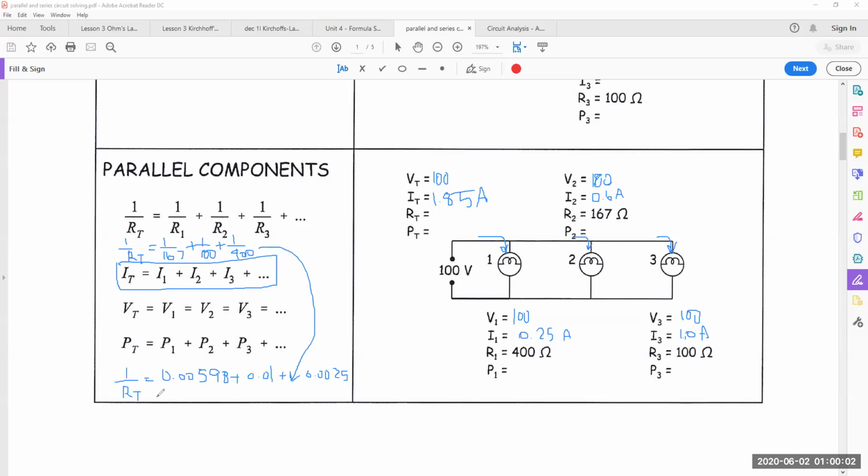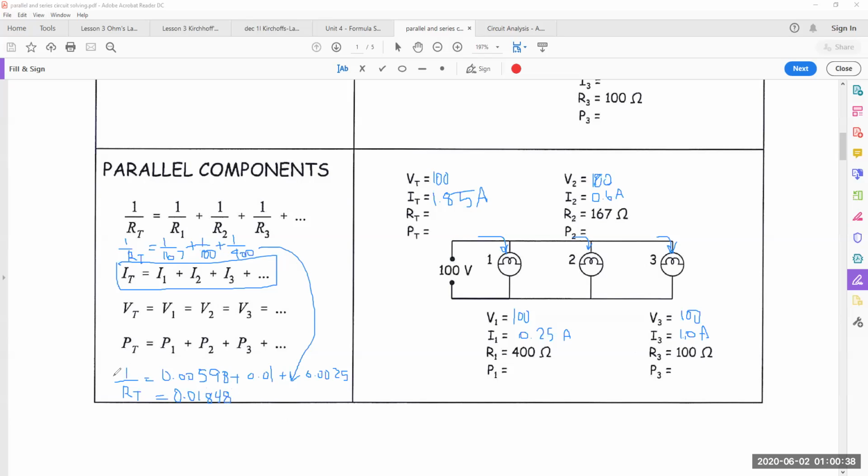So I'm just going to add all of that: 0.00598 plus 0.01 plus 0.0025. So the answer is going to be 0.01848.